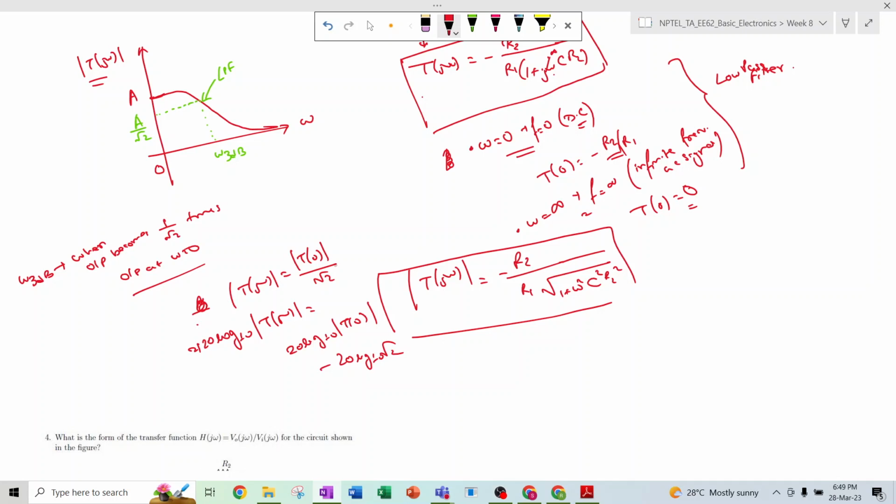Minus because it's in divide. If we take root 2, then log of that and multiply it with 20, we get minus 3 over here.